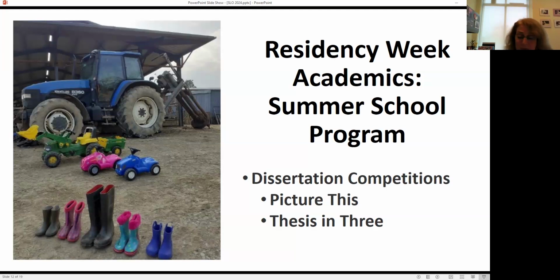A number of students reflected in their capstones on the impact of participating in that competition in boosting their confidence and deepening their connection to their research. You can see how both of these activities and competitions really integrated multiple means of expression that are very different than the typical written dissertation or paper. So they're great examples of UDL in action.